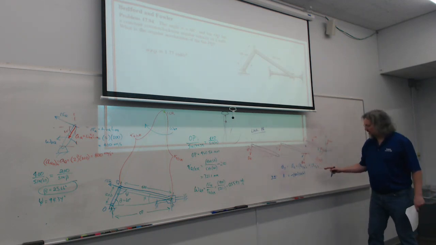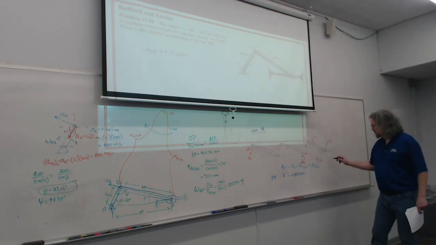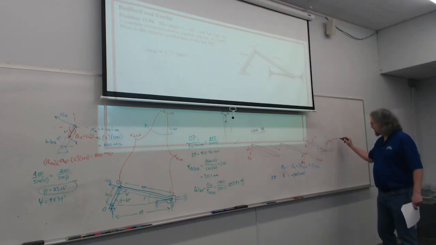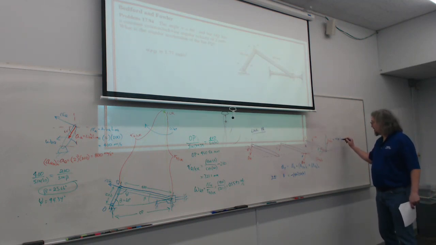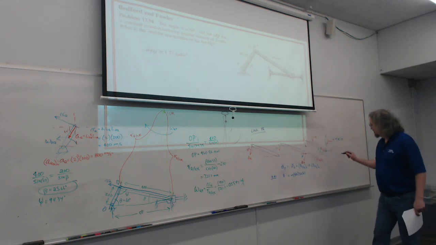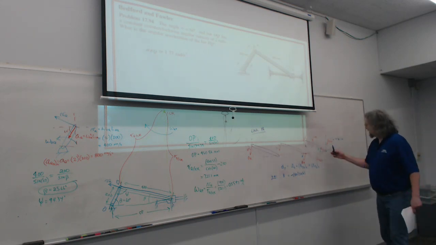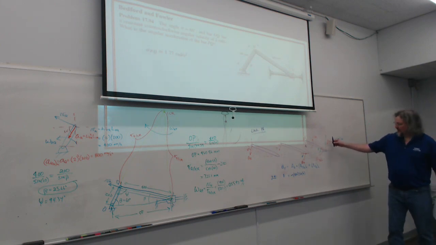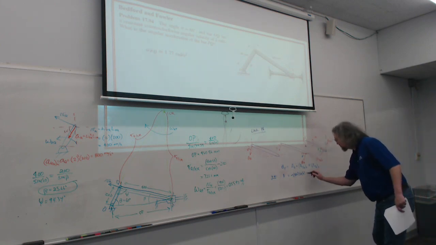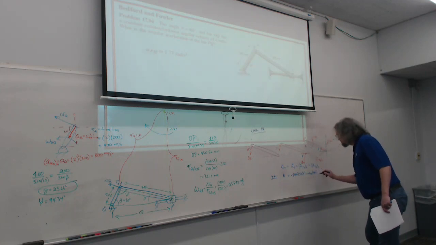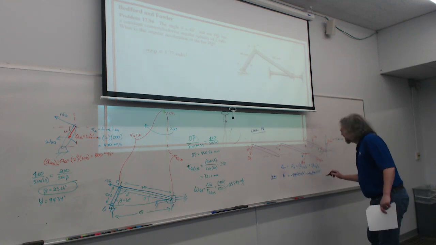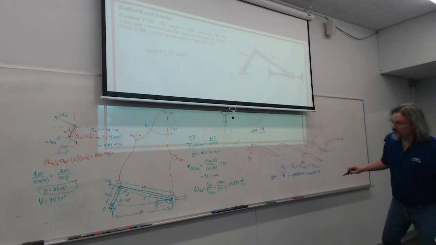And then this one, remember that this is going to be alpha PQ times L PQ. And as it's drawn, it's positive. So plus alpha PQ times the length of the thing, which is 400, times the cosine of 25.66.